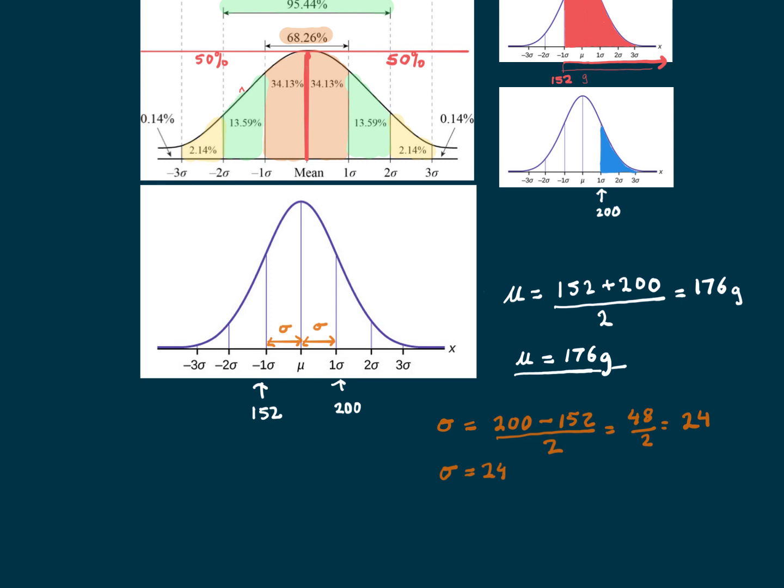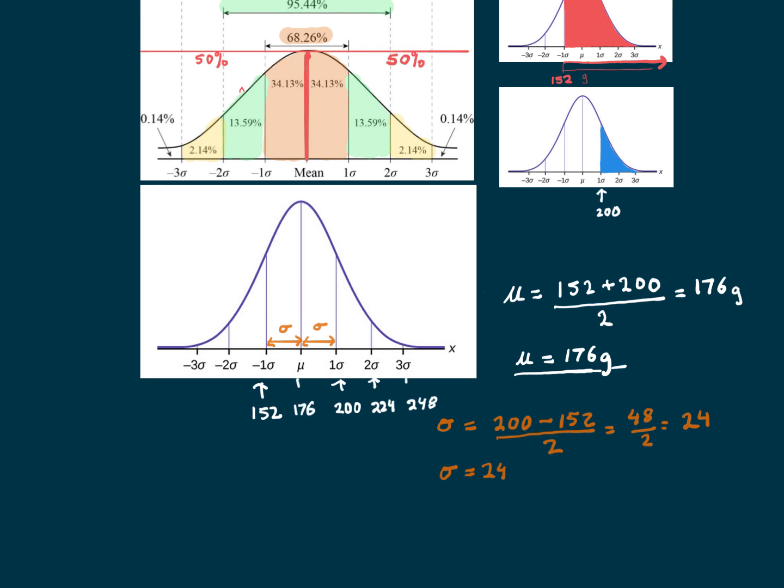And because we now have the standard deviation, we can identify each section. So in here, we'll just add another 24, which will be 224. And on the third deviation, we'll add another 24, which will be 248. The mean was 176.